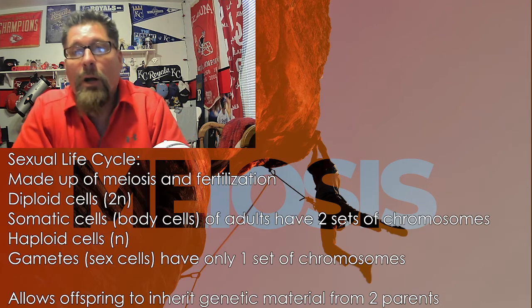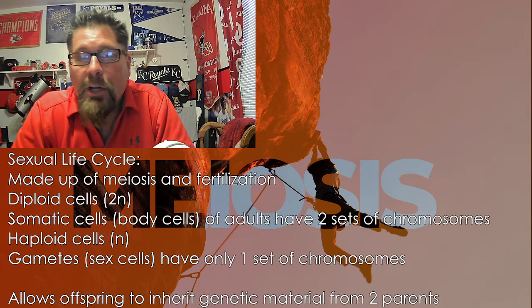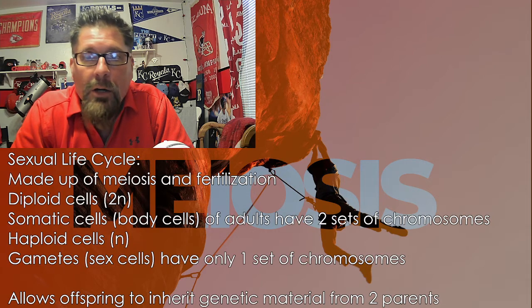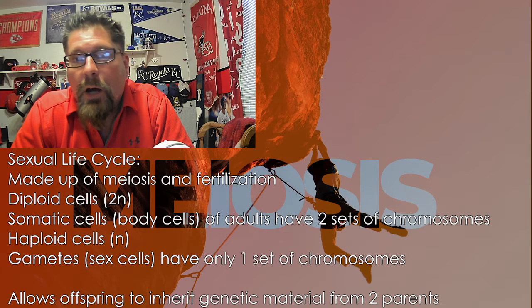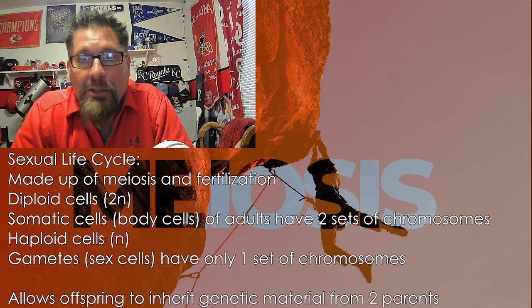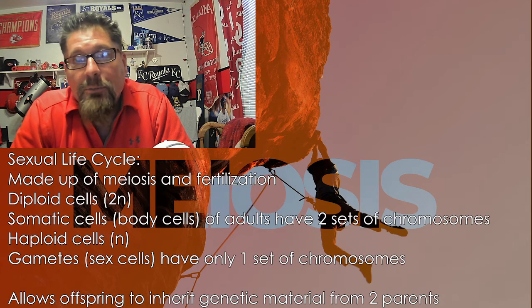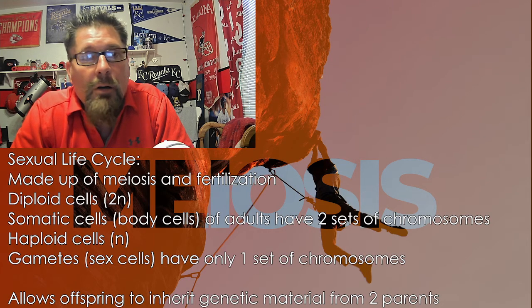Okay, both parents. So after fertilization, when the egg and sperm come together, whatever the organism is, now you have a zygote, you have a diploid cell, and so the gametes, the sex cells, they only have one set. That allows them to be able to, when the fertilization occurs, now they go back to a full set.